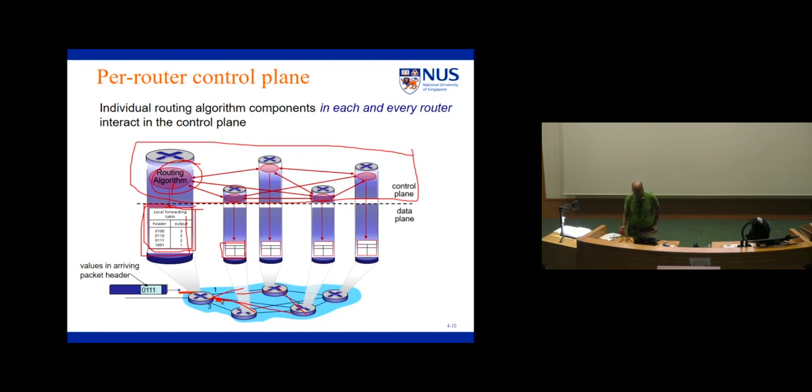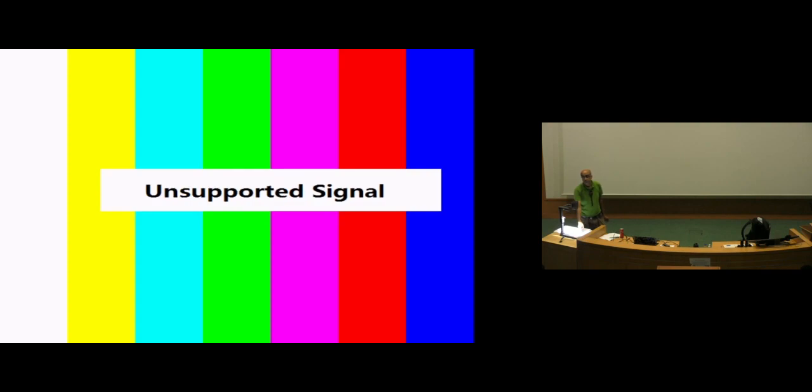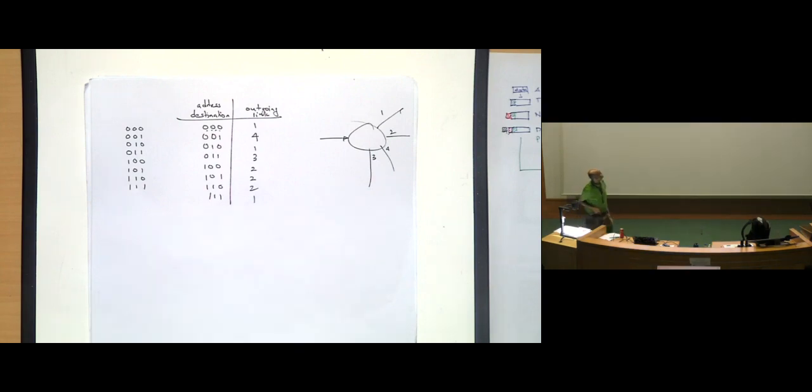You mentioned for the forwarding table, like we have the header and the network link output. It's not uniquely linked to the header, is it? You mean this one? So this is my forwarding table, right?